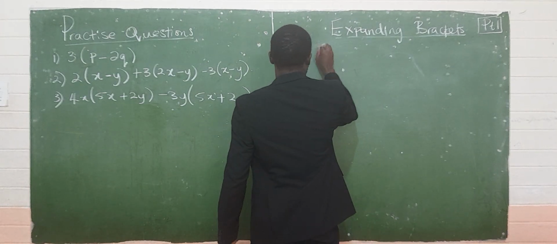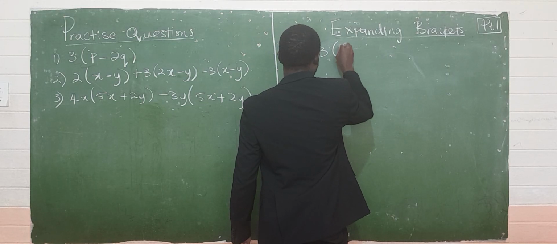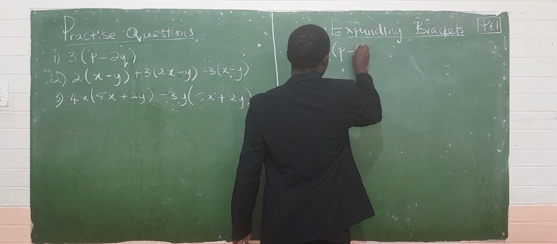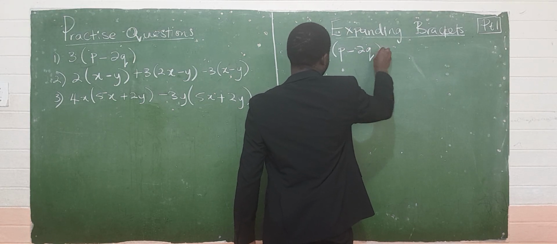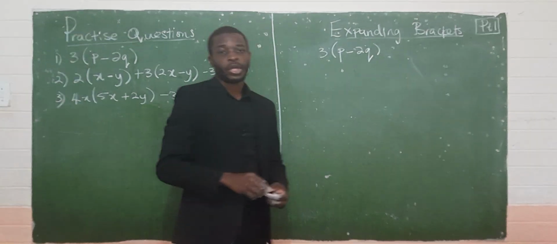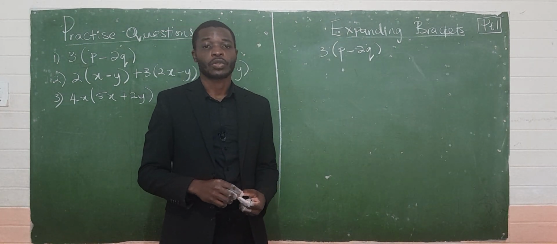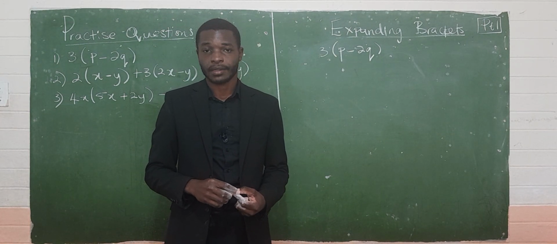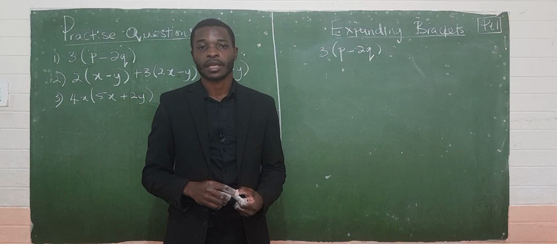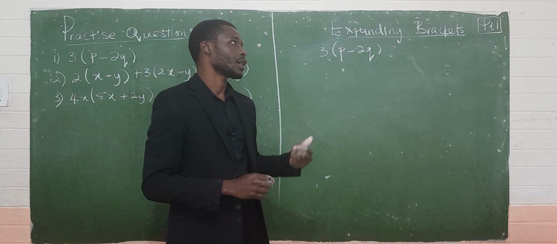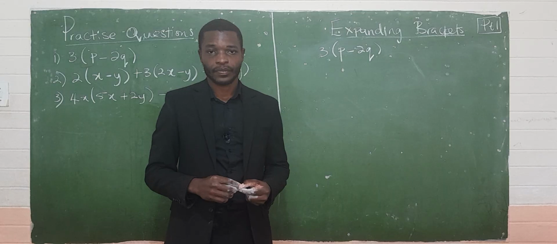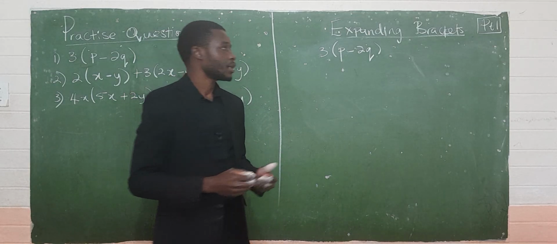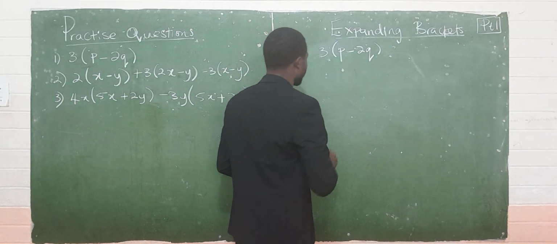The first question is 3 in bracket p minus 2q. Your assignment is to expand brackets, which literally means to remove these brackets that you're seeing there. Let's first see what this means.